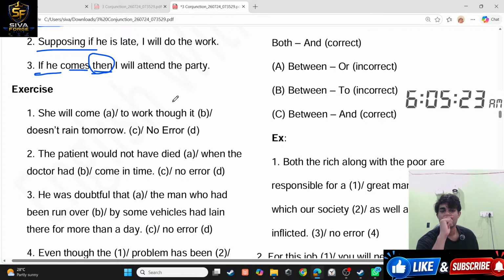"She will come to work if it doesn't rain tomorrow." What is if here? "The patient would not have died when the doctor had come in time."